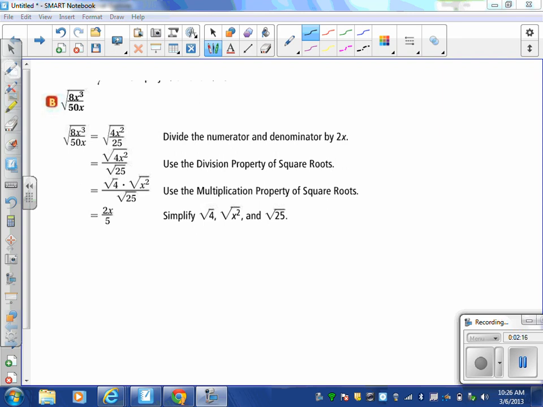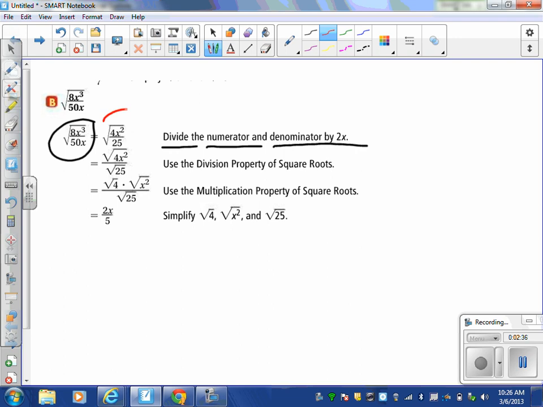So we can divide both of those numbers by 2x. When we do, we get that number. We're not done yet.